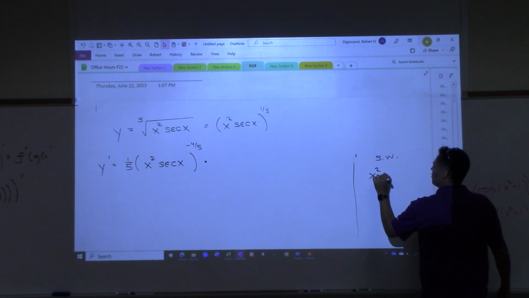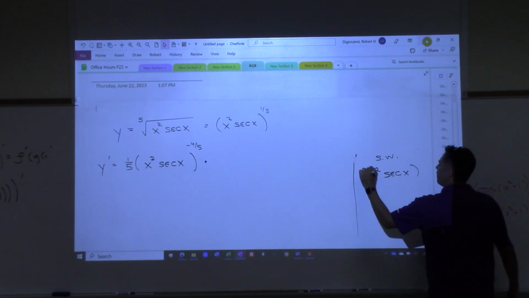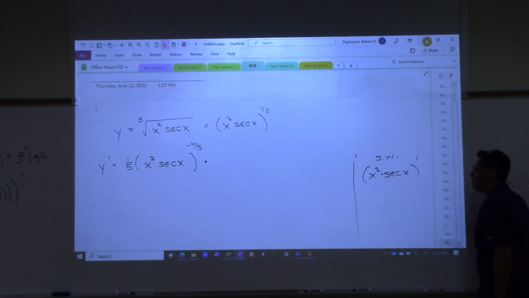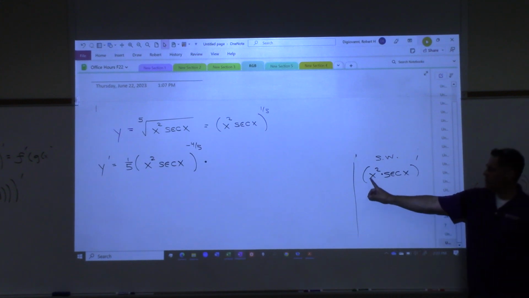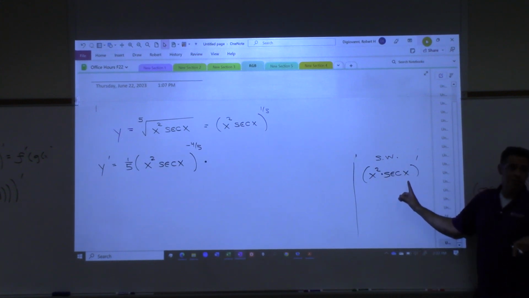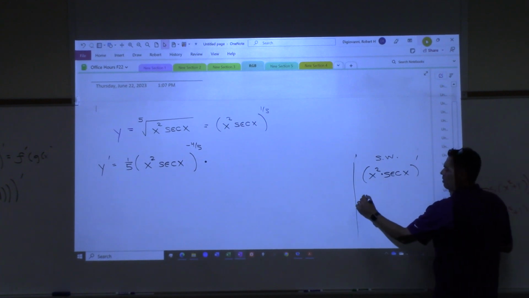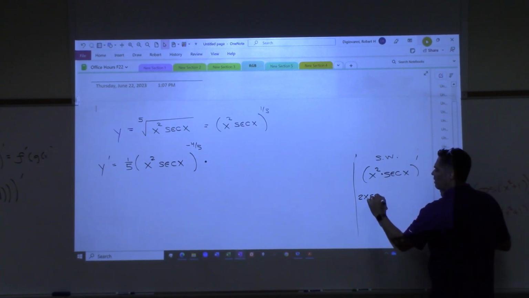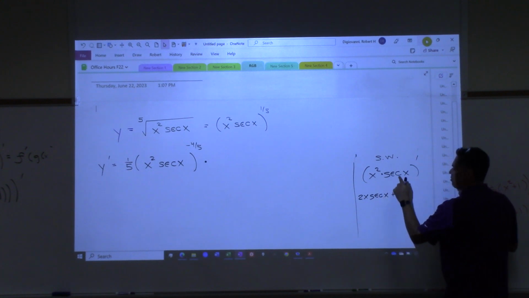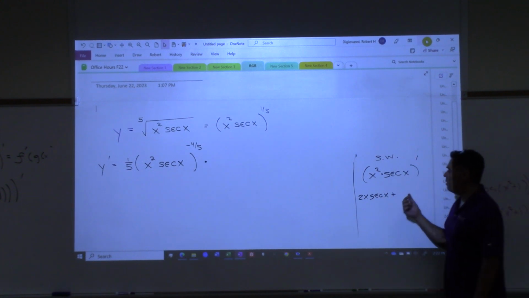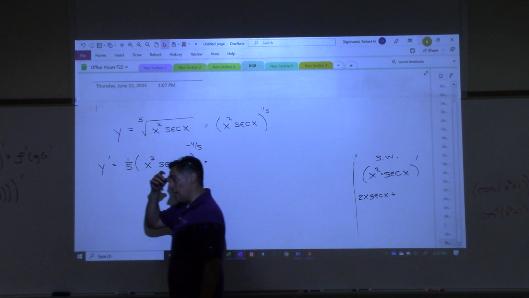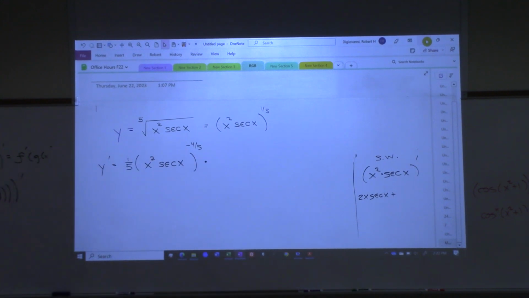So if I ask you to take the derivative of this, there's your product, right? The product rule said derivative of the first one times the second plus derivative of the second times the first. So the derivative of the first one, 2x, times the second plus the derivative of the second one. Okay, that one's not one that a lot of people know off the top of their head at this point in the class, but you can look it up, right?